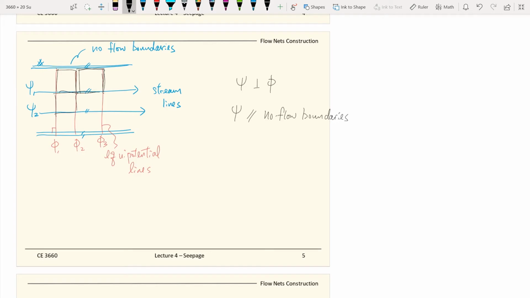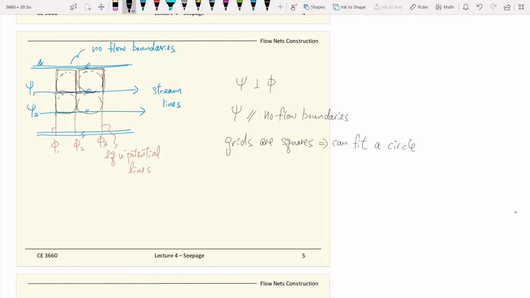When you draw those flow nets, it means you can fit a circle within each element. So you join all the grids as squares, which means each of them should be able to fit a circle.